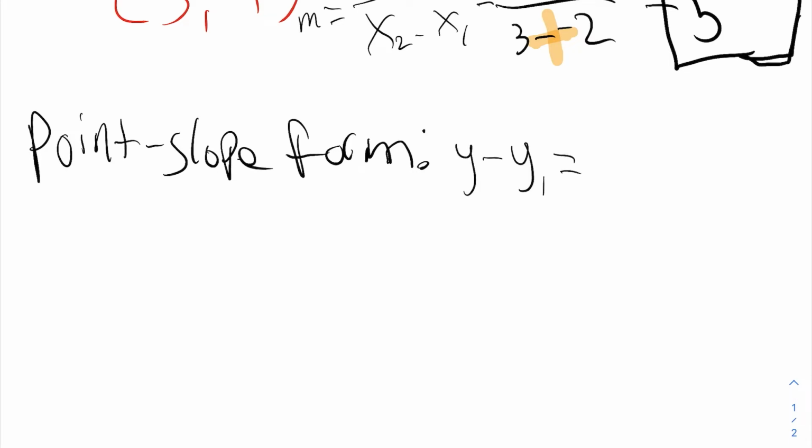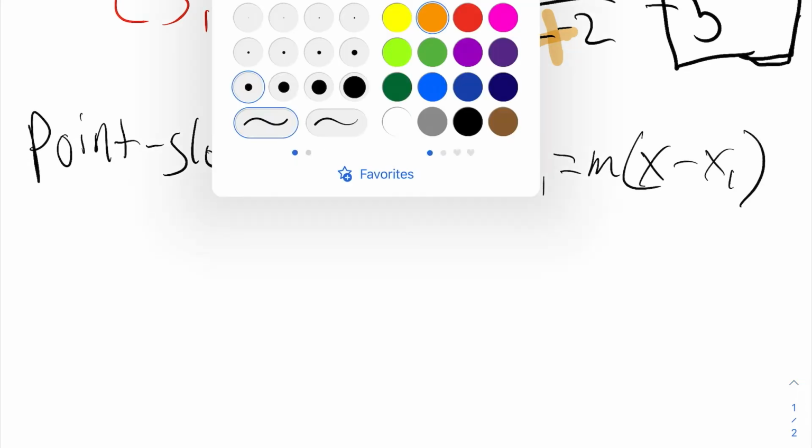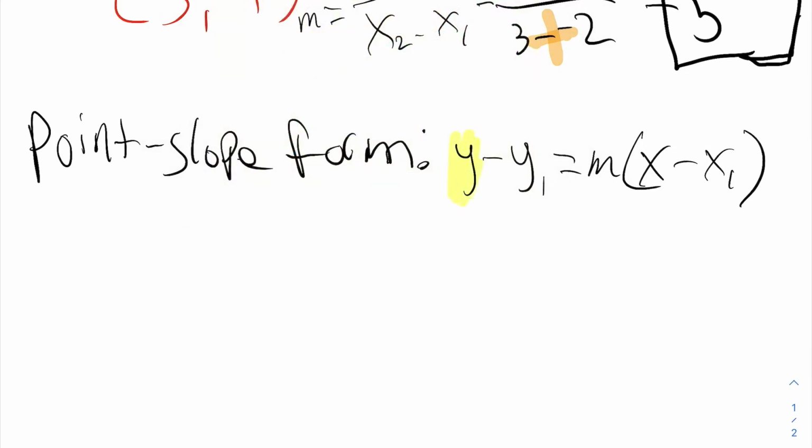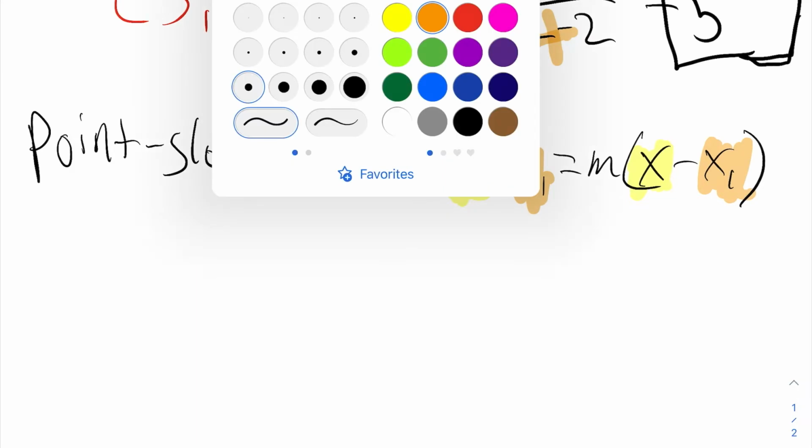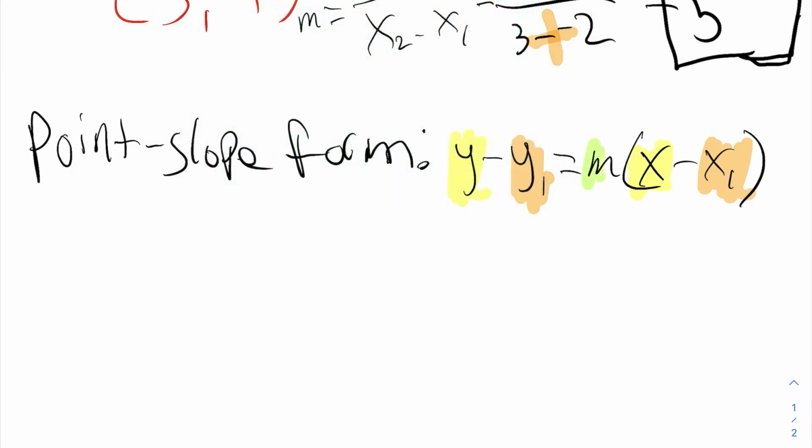So our base form is y minus y1 equals m times x minus x1, okay? Now note, this y and this x never change, because we only have 1 point and 1 slope. What will change is that these come from an ordered pair, and depending on the problem, your slope might be different.